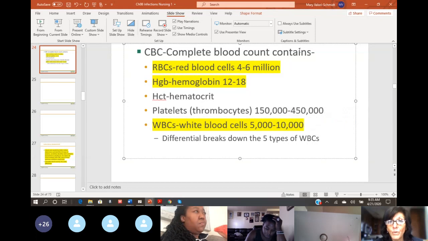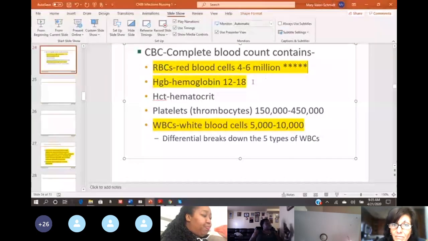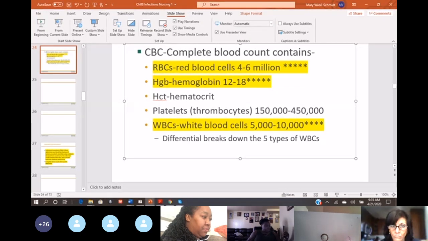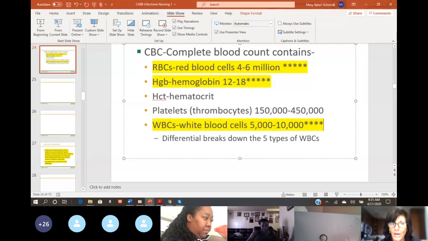Okay? Matter of fact, stars or something here. And we'll get to the other numbers in the term, but this is a good start. So that's 3 lab values that you need to know: red blood cells, hemoglobin, and white blood cells. Okay? All right. Moving on.